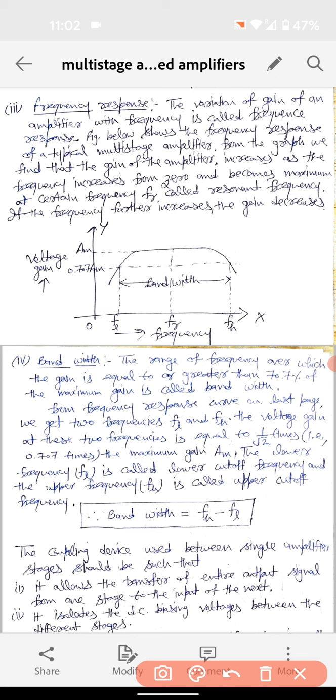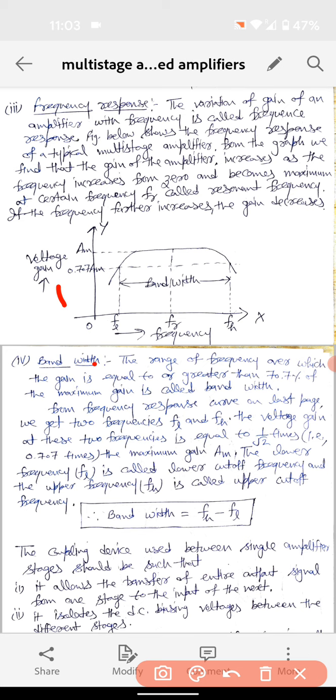Corresponding to this maximum gain, if we draw a line corresponding to 70.7% of this maximum gain, that straight line will cut this curve at 2 points, and if you draw vertical lines to the frequency axis, then we will get the low frequency cutoff value and the high frequency cutoff value, and the difference of these two will give us the bandwidth.